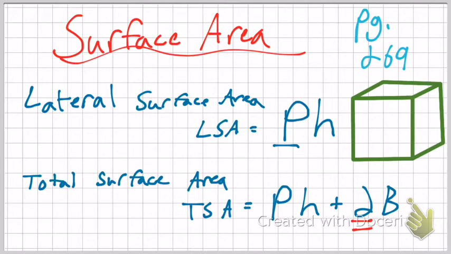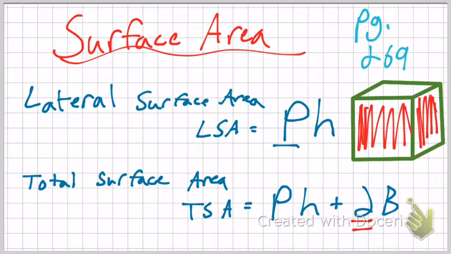We'll start out with total surface area. Total surface area has this and this. Well, I'm sorry, I'm going to start with lateral. Lateral surface area would be the perimeter of the base times the height. And what that does is it covers all of these edges here. There's two more that we can't see, on the other side of the box.